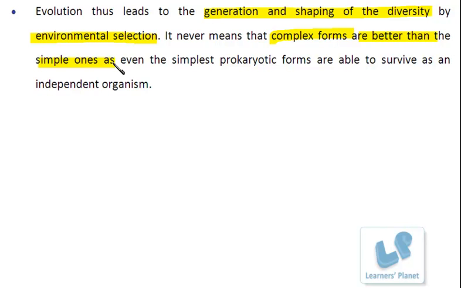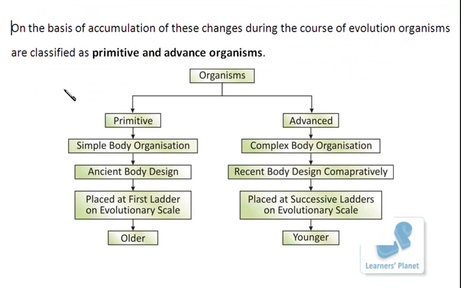So let me explain this concept now. Students, already I said that organisms are classified as the primitive and the advanced organisms. On the basis of what? On the basis of accumulation of the changes during the course of evolution. Right?